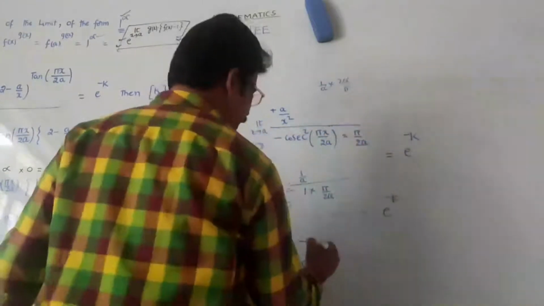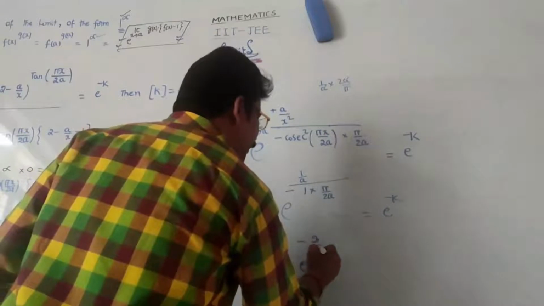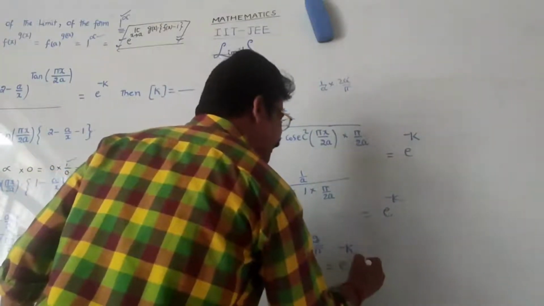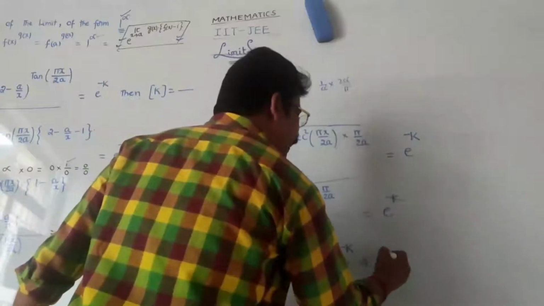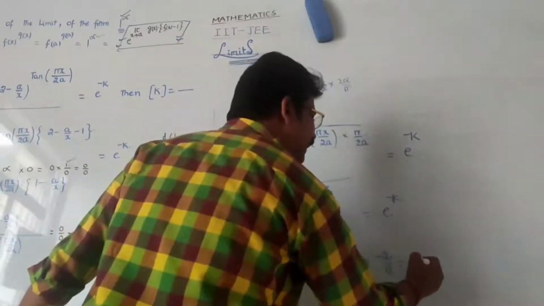So a cancels, it remains only 2 divided by π, that is equal to e to the power of minus k. So clearly minus 2 by π is equal to minus k.